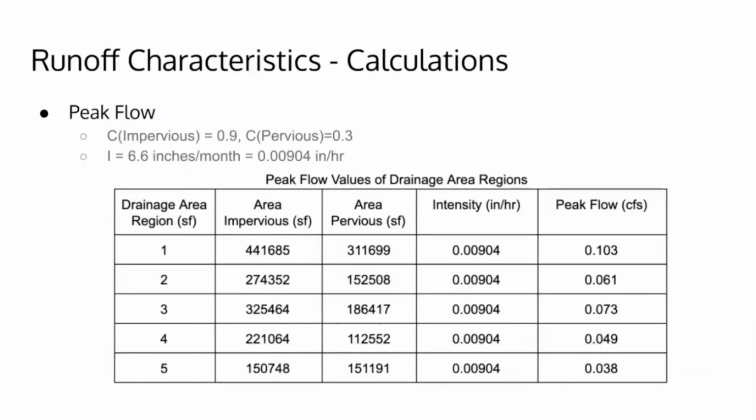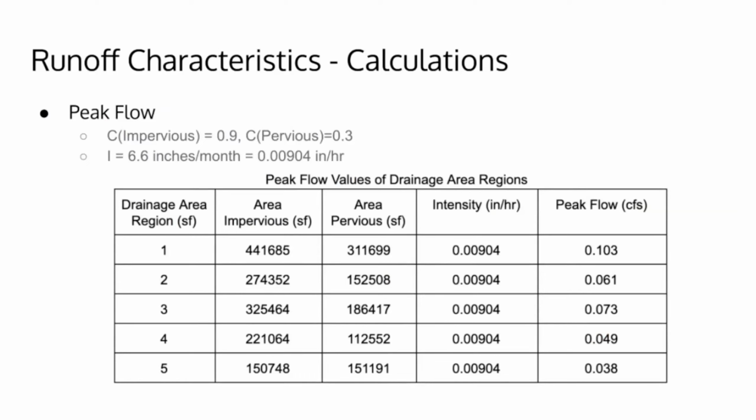Next, we get into runoff characteristics. In this slide, we calculated the peak flow runoff using the rational method. In order to do so, we first determine the runoff coefficient.